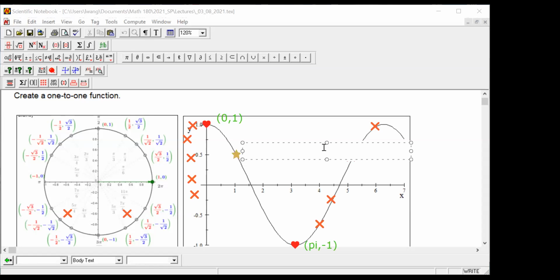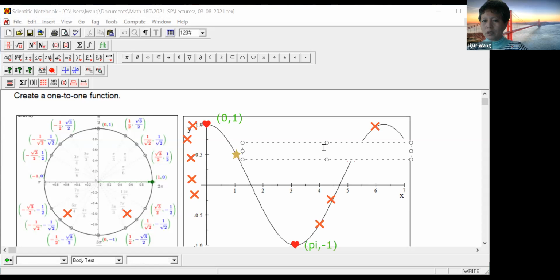So can you mark that point? Is it pi over 6 and 1/2? Can you put it on the chat? Pi over 6, 1/2. Cosine pi over 6 equals to half. So the unit circle is right next to it.